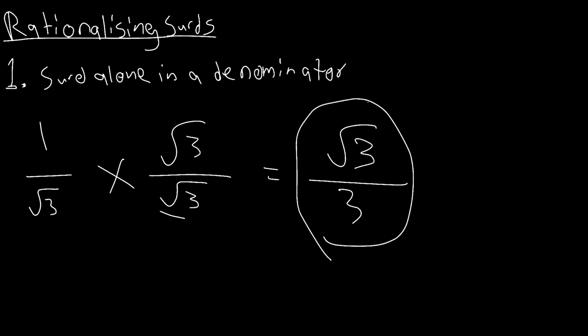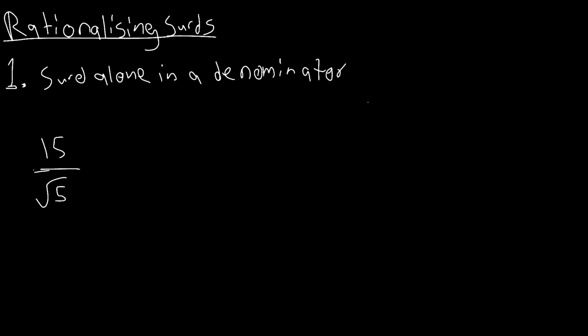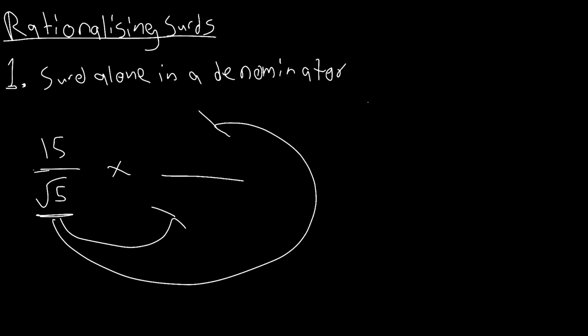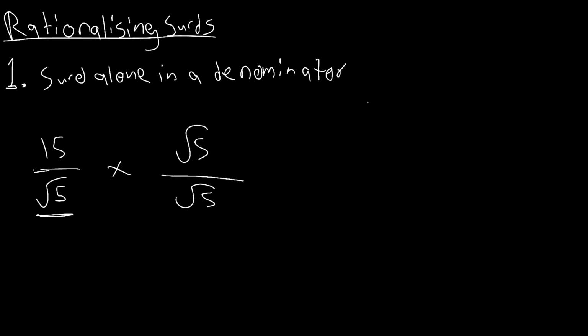I'll do another example. So here's another example, 15 over root 5. So how can I change this so that the root number is not in the denominator? Again, we would have to multiply by another fraction, where this surd over here goes both at the bottom and the top of the fraction. So I have root 5 over root 5. So now I have 15 times root 5.